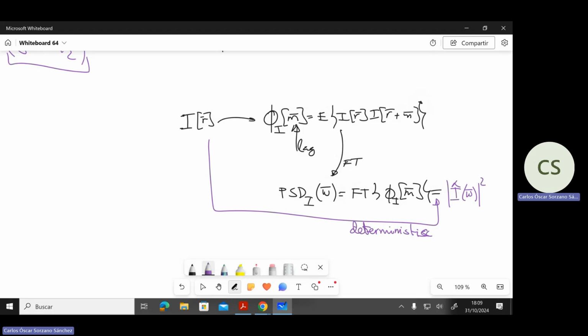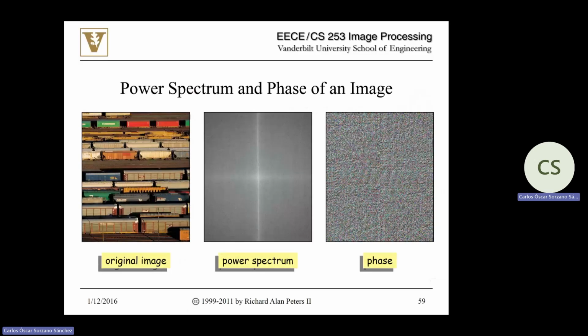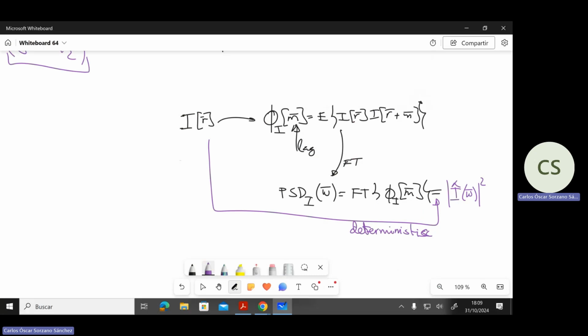Okay, so this is the power spectrum, this is the phase. Again, a reminder, the phase is the angle of I as a complex number. So for every frequency, you have a complex number, and you can compute the phase of that complex number.